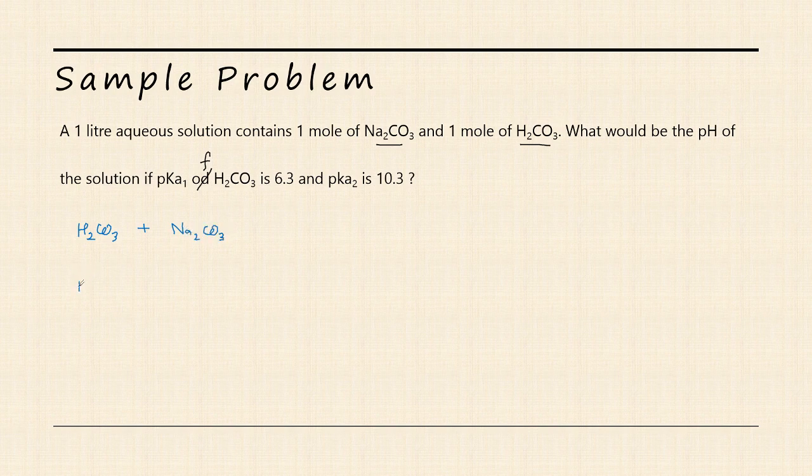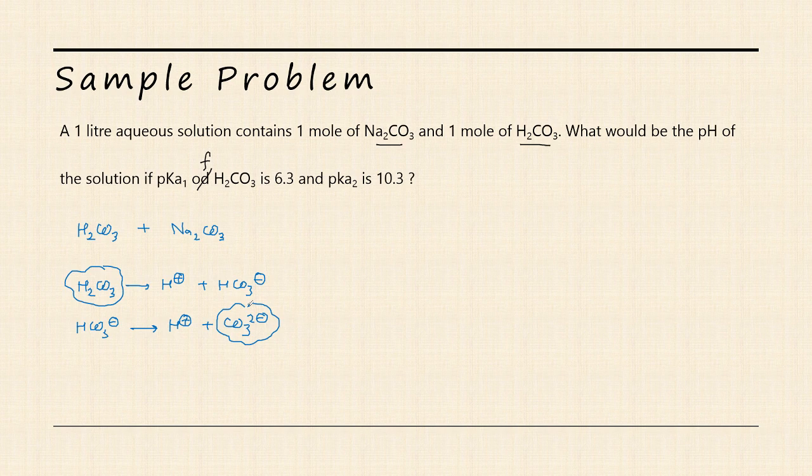Now tell me, when H2CO3 dissociates in water, it produces HCO3 minus, and HCO3 minus produces H plus and CO3 2 minus. The question has given you this and this. Are they related to each other as a conjugate acid-base pair?